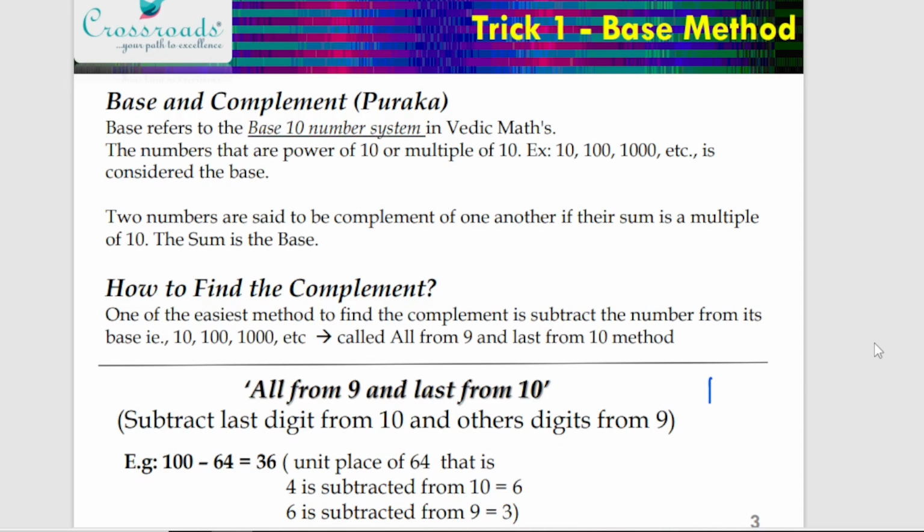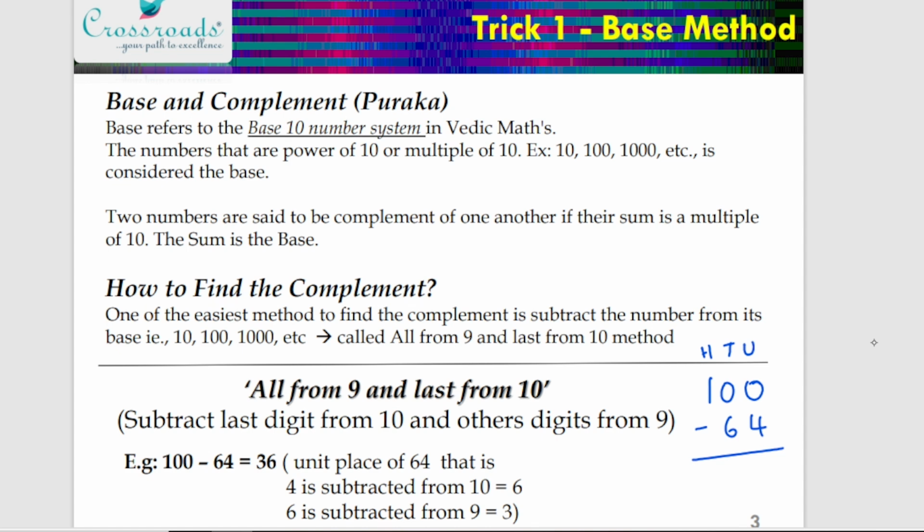Say I have 100 over here and I have to subtract 64. With this, I'll get to know my complement. In the school method, I would start borrowing from here. But in all from 9 and last from 10, we don't do that. We consider these as the units, tens and hundreds. The last number is the units or ones place.